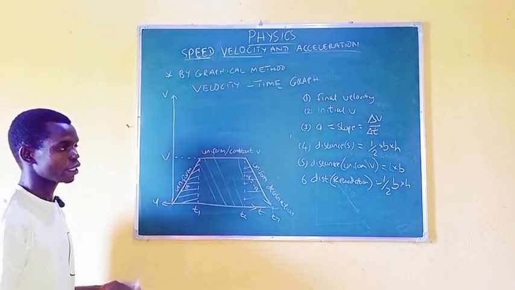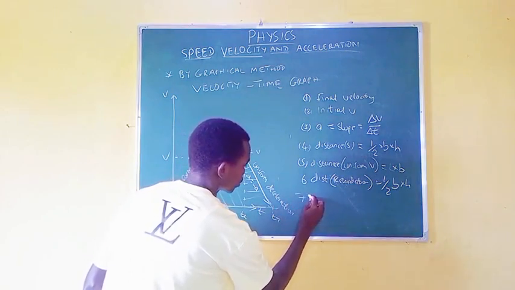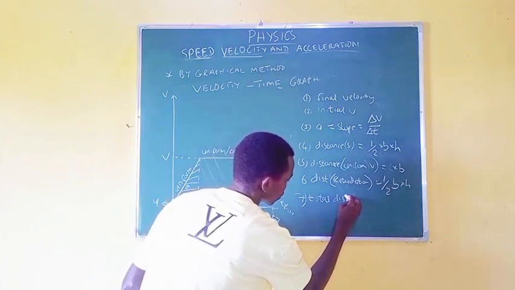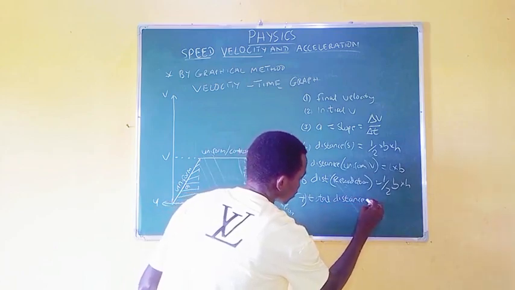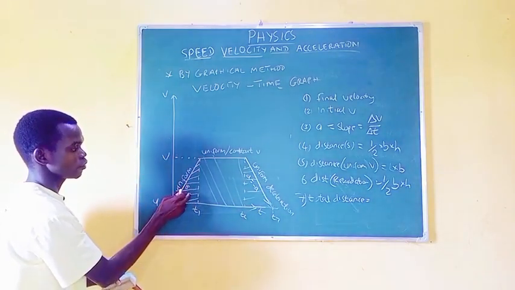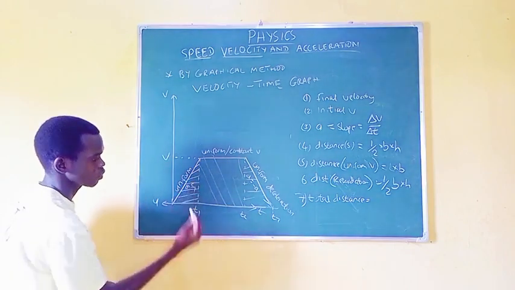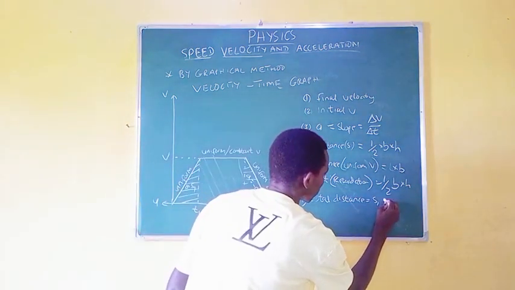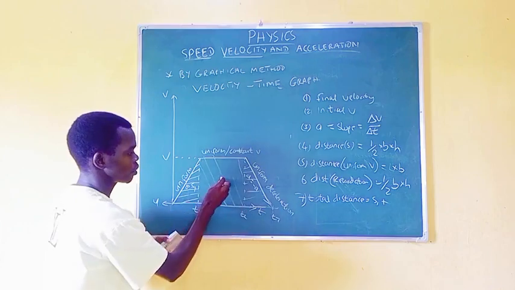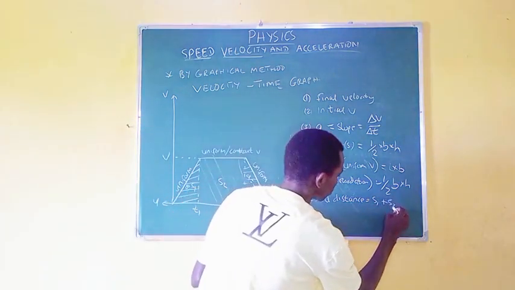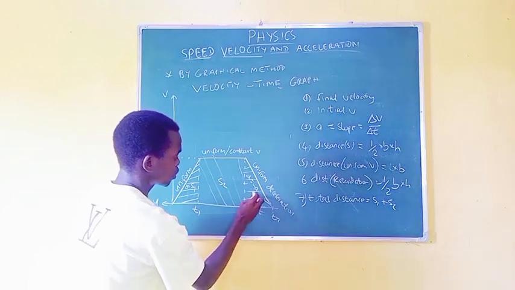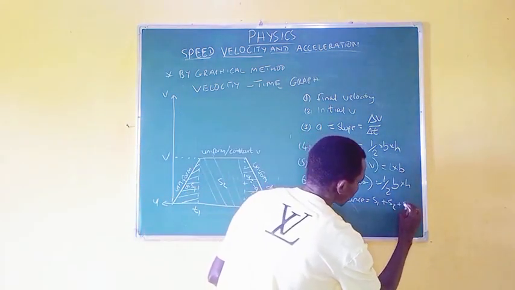The total distance will now be the distance traveled by the uniform acceleration, let's say S1, plus the distance traveled by the uniform or constant velocity, let's say S2, and the distance traveled by the uniform deceleration, let's say S3, plus S3.